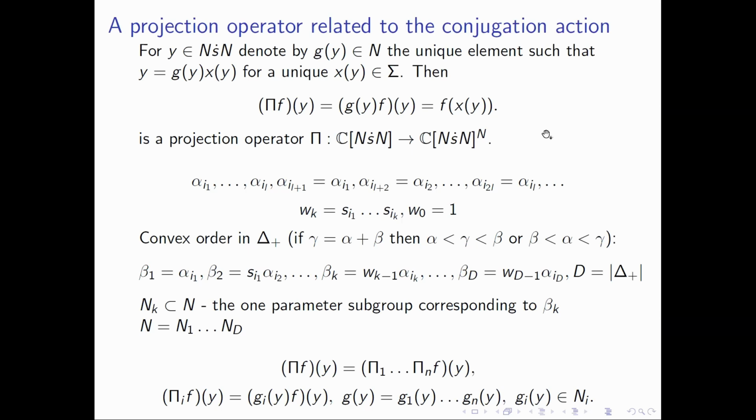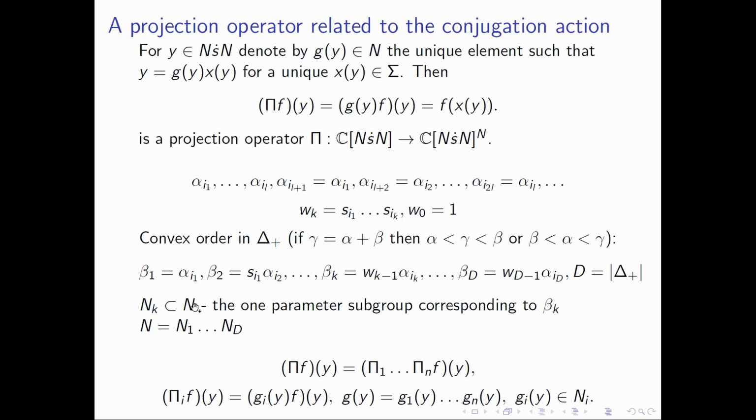So n itself being a unipotent radical, each element of n can be represented as a product of elements of one parameter subgroups corresponding to roots. So n, I can symbolically write as a product n1 and so on up to nd, where d is the number of positive roots in the root system.